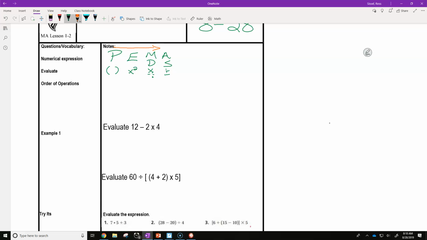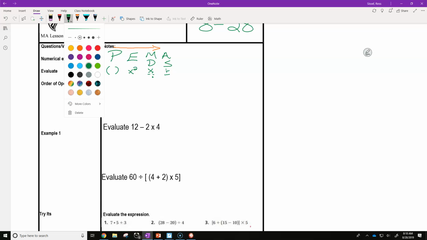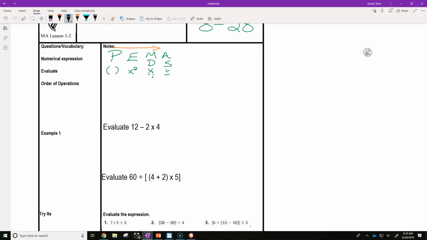There's also, if you're more comfortable, I'm going to use it just because it's been said. Is it GEMDAS? Gemma. See, I don't use Gemma as much, so we'll talk about it though. Okay, so for Gemma, this one was grouping, correct? This is exponents.